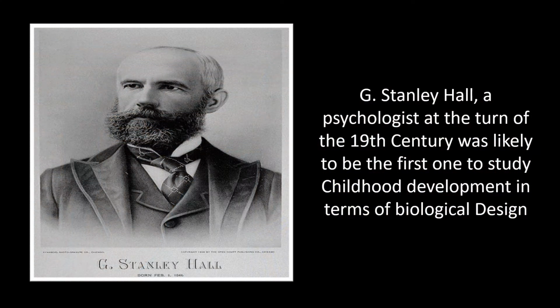In short, the biological perspective on child development states that the cognitive, motor functions, personality and physical traits of children develop in accordance with the biological design. G. Stanley Hall, a psychologist at the turn of the 19th century, was the first one to study childhood development in terms of the biological design.